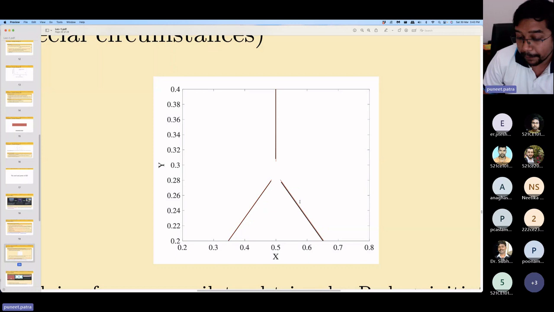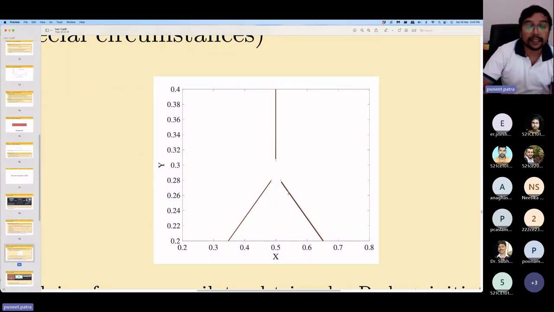When the initial positions of these particles are perfectly on the vertices of the equilateral triangle, that problem can be solved analytically, and that is shown over here in red color. The moment I change the position of one of the particles by even the smallest amount, the black lines correspond to that new trajectory, and you can see that they are not very similar to the red line.